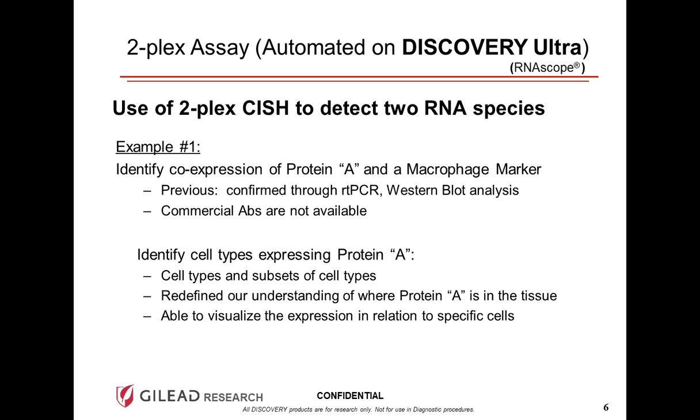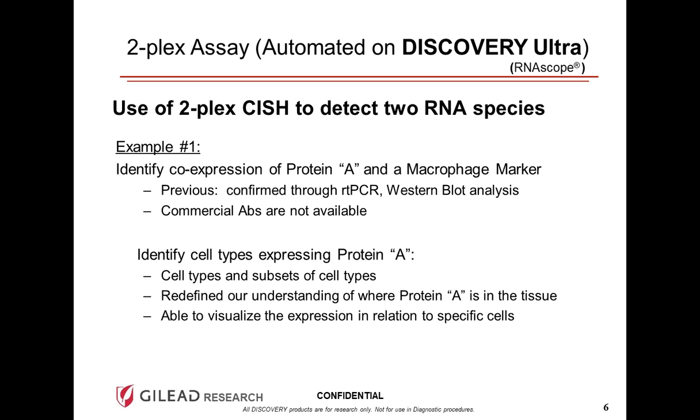We knew that protein A was expressed by macrophages. This was done through orthogonal methods, so it was confirmed through RT-PCR and Western blot analysis, but we were never able to visualize what subset of macrophages, if it was a subset or if it was all macrophages, if there were any that expressed protein A. We tried to find appropriate commercial antibodies for protein A, but we weren't able to find good reagents.